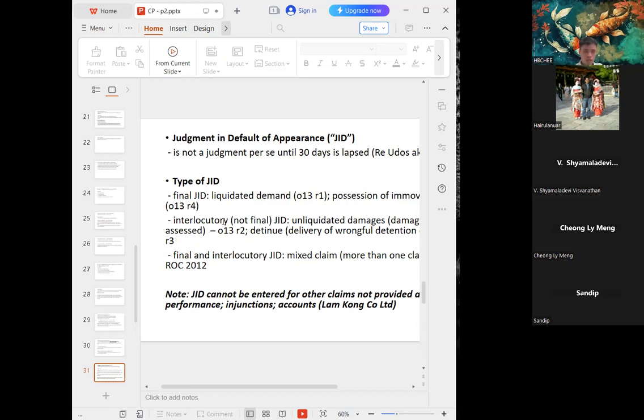The reason for the person entering JID is that the person knows he or she is sure to lose, so he would rather get the JID instead of hiring a lawyer to defend. So let the plaintiff enter into the judgment and enforce bankruptcy against them.